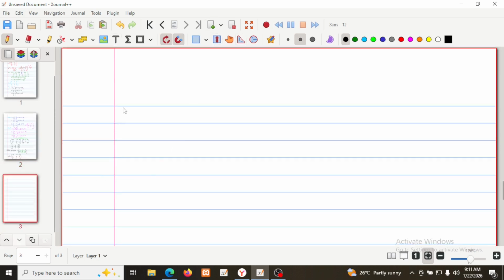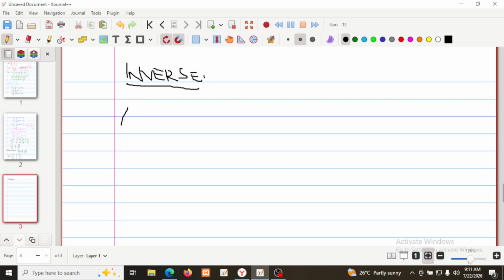So for the inverse, now here we find the inverse of the matrix. I'm using a mouse, it is a little challenging to write. So we say the inverse of the matrix is the adjoint of the matrix A divided by the determinant.